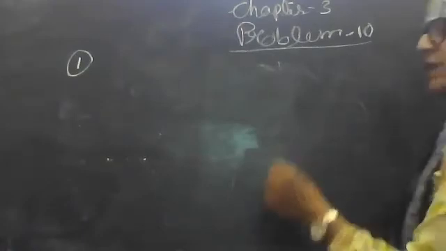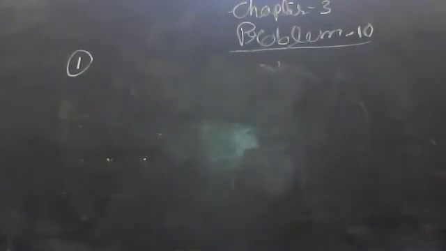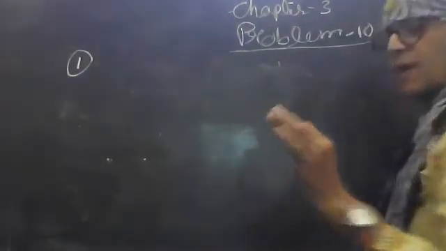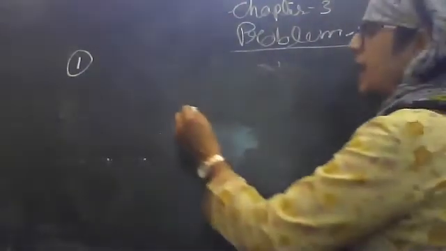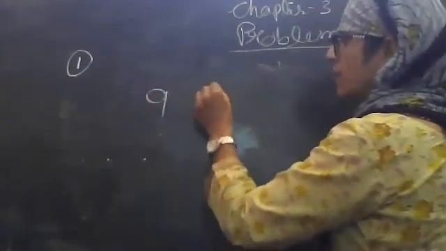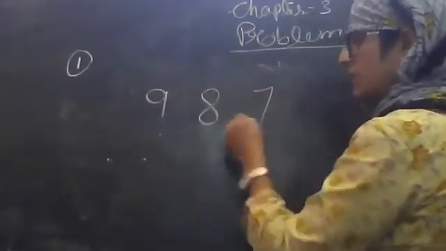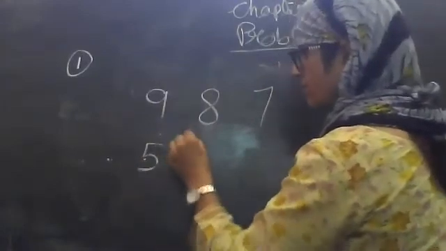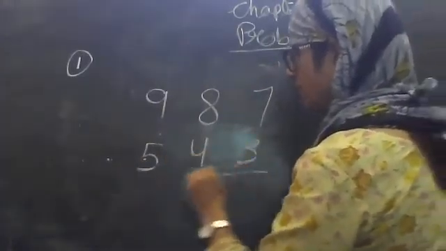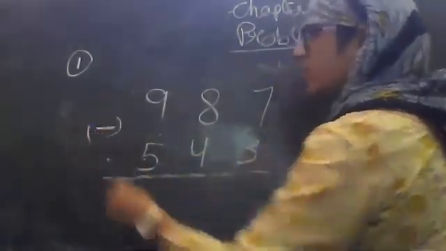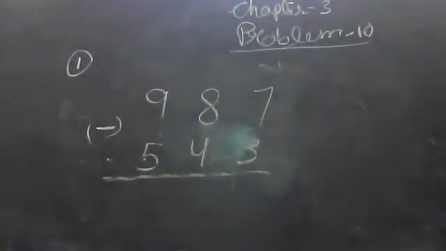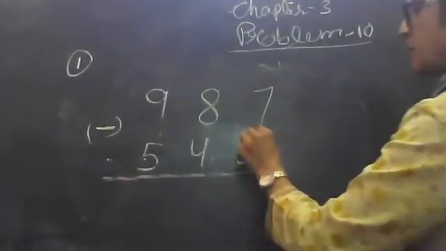Subtraction has two forms. Now you see, without borrowing also we can subtract. For example, a 3-digit number only I'll do here. This is a very simple method of doing the subtraction.